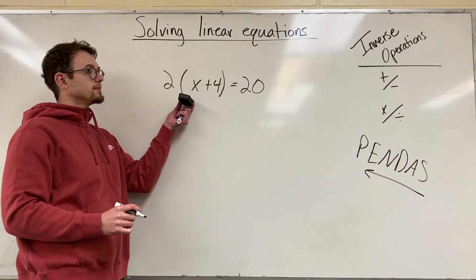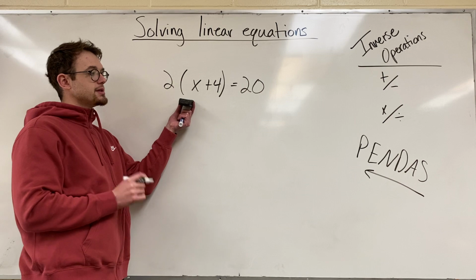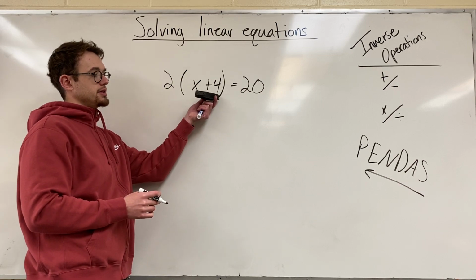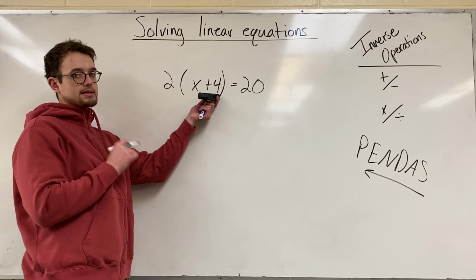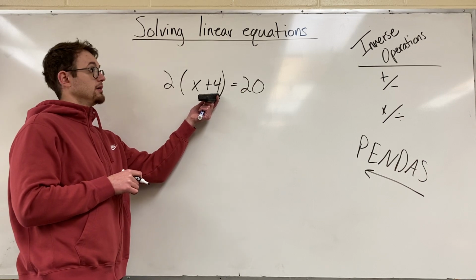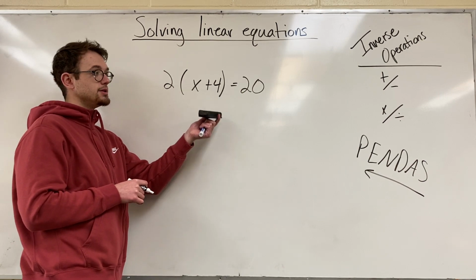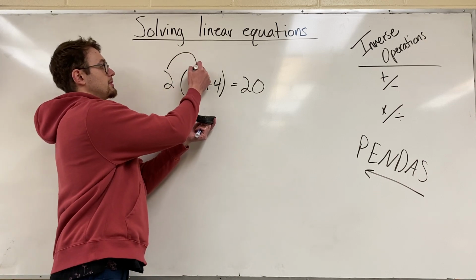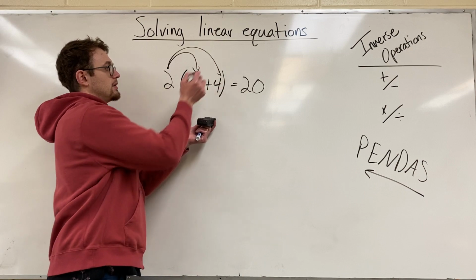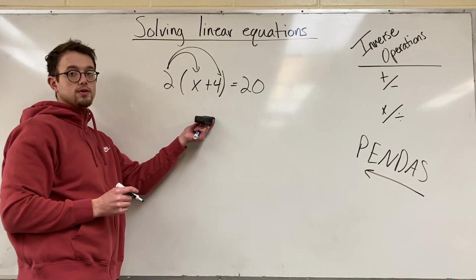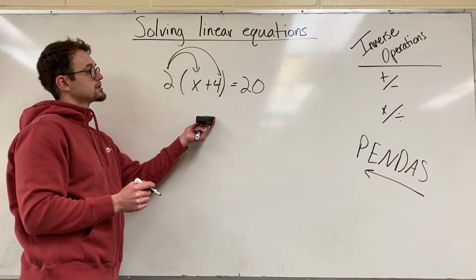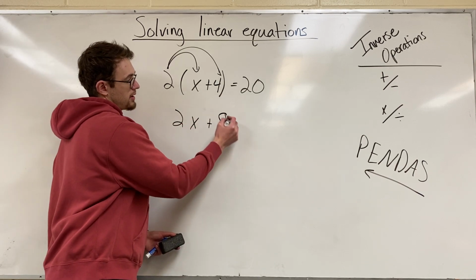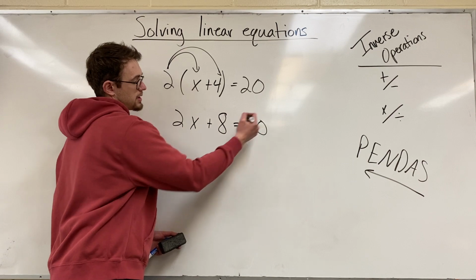This one, I will need to do something before I cancel out this addition, because this isn't simplified yet. To simplify this, I need to do distribution. I need to distribute that 2 to both of those, and that's with multiplication. So I'm going to get 2x plus 8 equals 20.